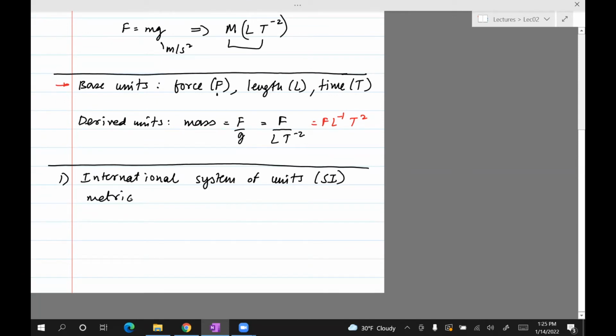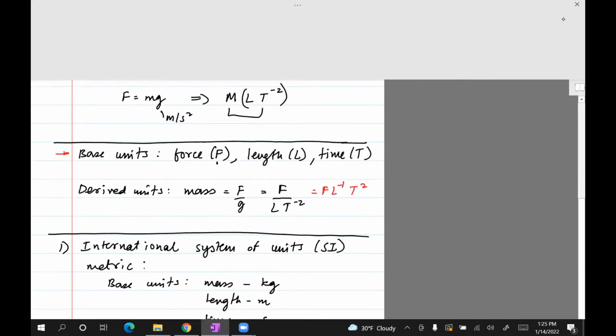It's not very popular in the US; it's more popular outside the US. The base units in this case are mass in kg, length in meters, and time in seconds. So these are the base units M, L, and T, and we use kg, meters, and seconds for them. Then you can find derived units based on that.